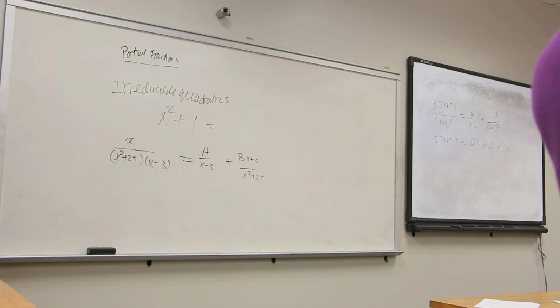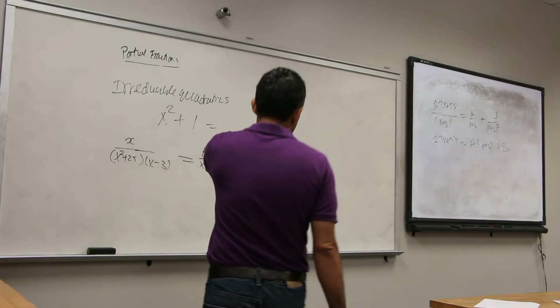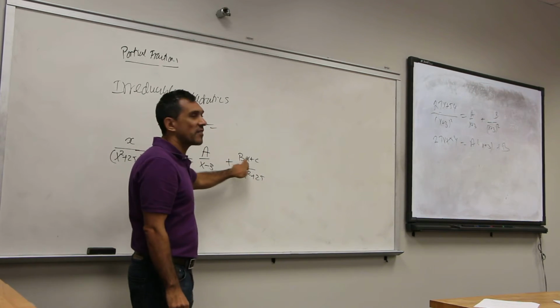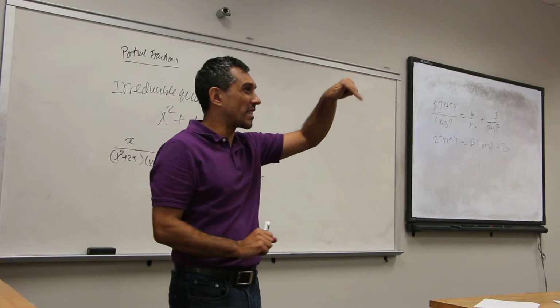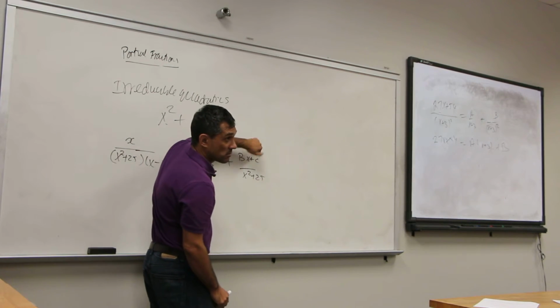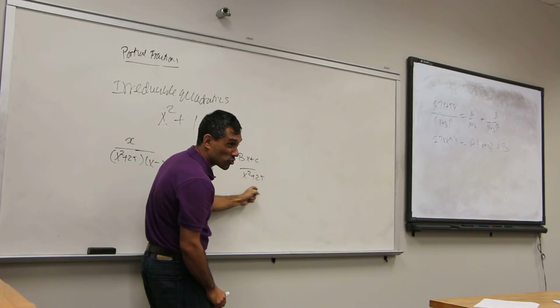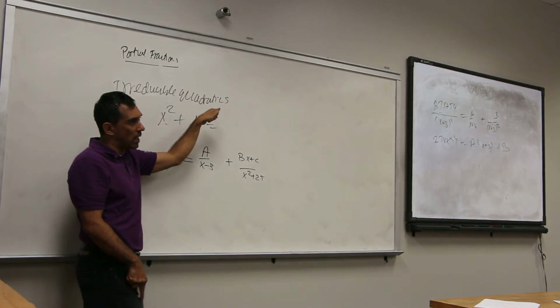Ms. Yasmina, are you with me? This may be 2. This may be 5x plus 3. I don't know. But you don't put a 1 there. You don't put a B here. That's not going to work. Because it's a quadratic that is irreducible.